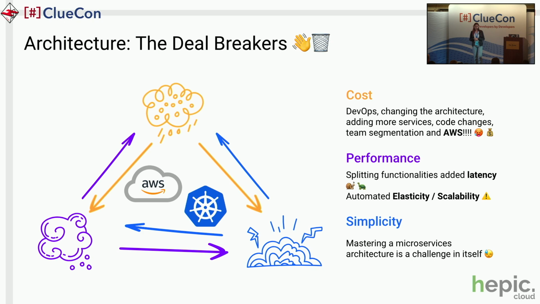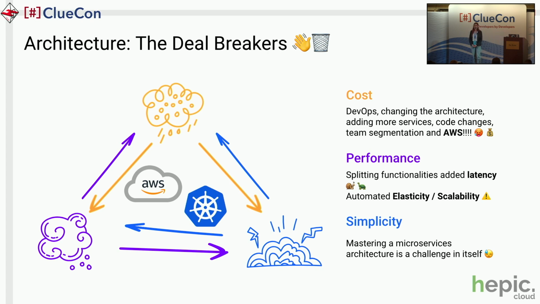Then the performance, because moving into microservices means that you need to split some functionality. It's part of the work. And some splitting that we did added more latency than we were expecting. But that was not the biggest hit. The biggest hit was, of course, automating the elasticity and scalability when the code was not ready.